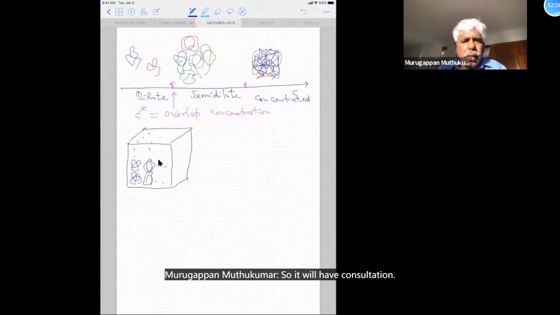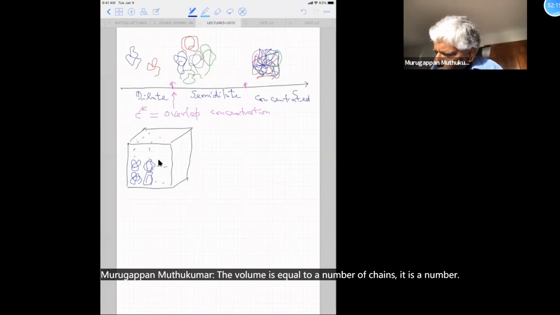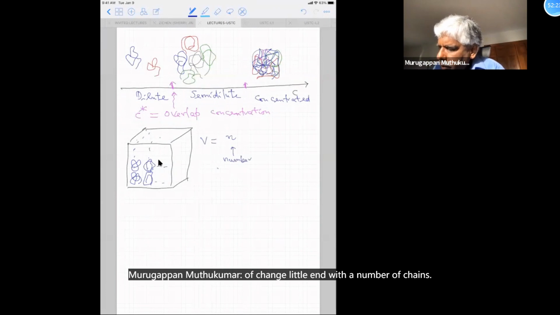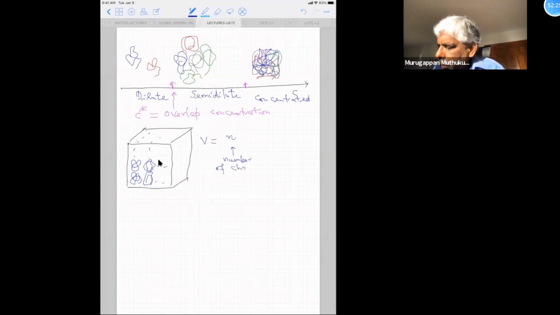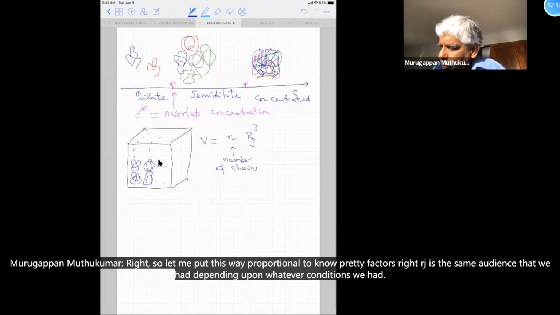So at the overlap concentration, the volume of the whole system is proportional to the number of chains, little n, times Rg cubed, with no prefactors.